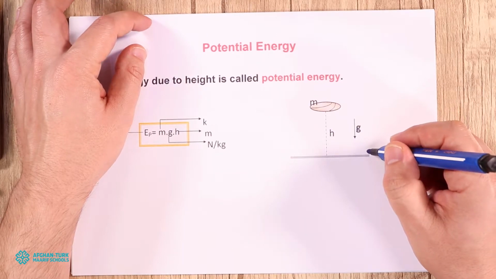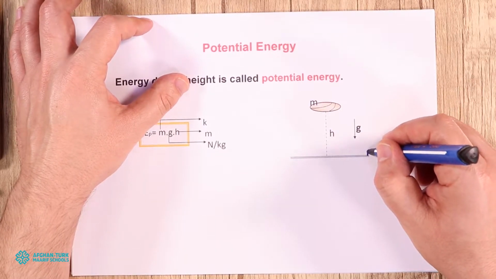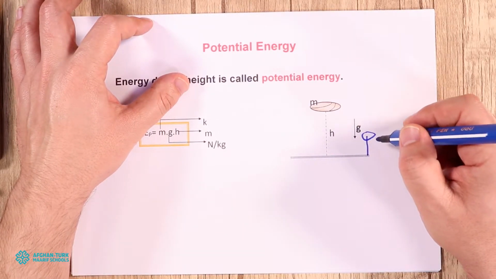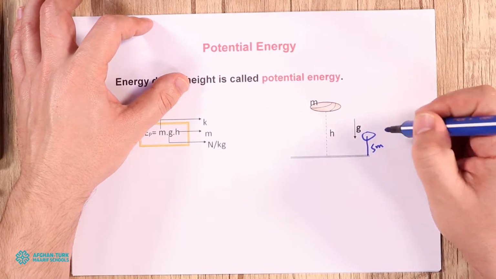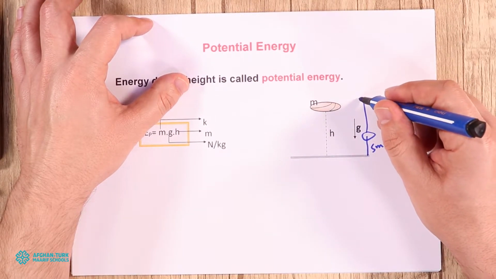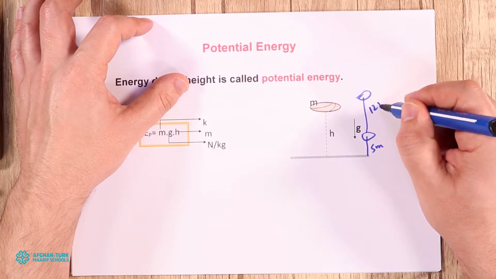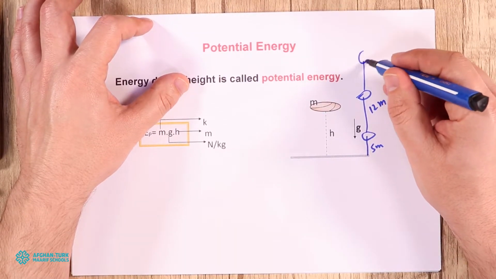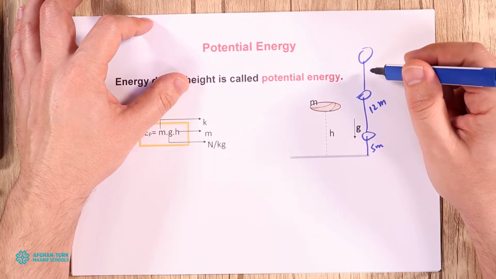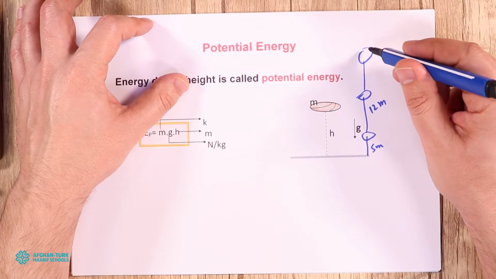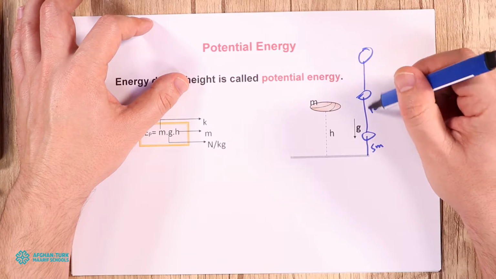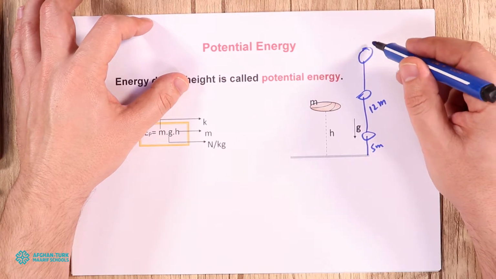Like if we increase the height of the object, let's suppose the object is currently here at 5 meters, but now we move the object to this position, which has a height of 12 meters and more. I mean that when we increase the height of the object, the potential energy is also increased.